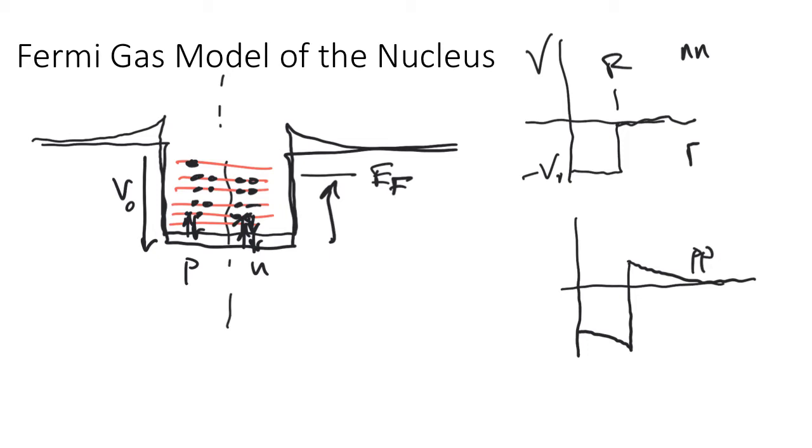It's important to note that that gas is at temperature equals 0, so that we have a Fermi gas of particles, a gas of fermion particles, like electrons in a metal, which are also a Fermi gas. And the occupancy level is 100% out to the Fermi energy, and then it goes to 0.